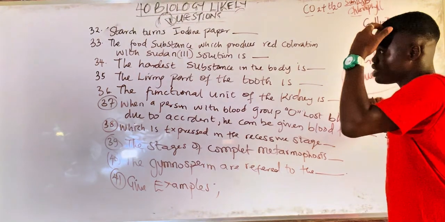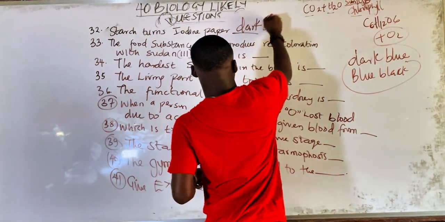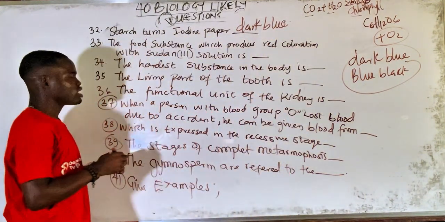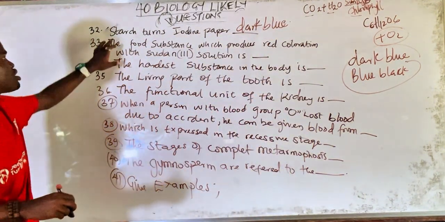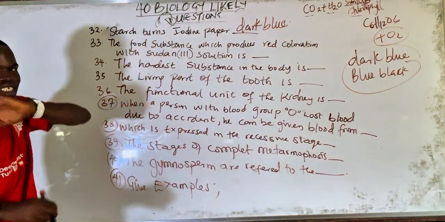Either of the 2 is correct. The coloration changes to dark blue, or blue black. I'll just go with dark blue, since you cannot see the 2 in the options. That shows that starch is present. If this does not happen, starch is absent.